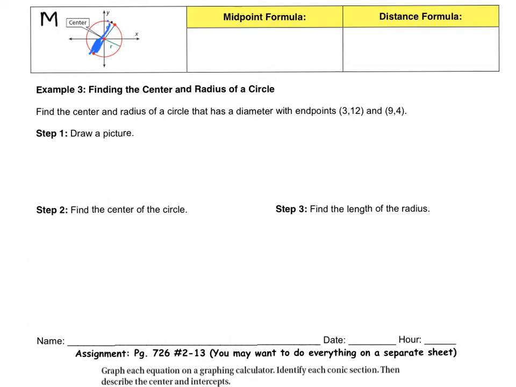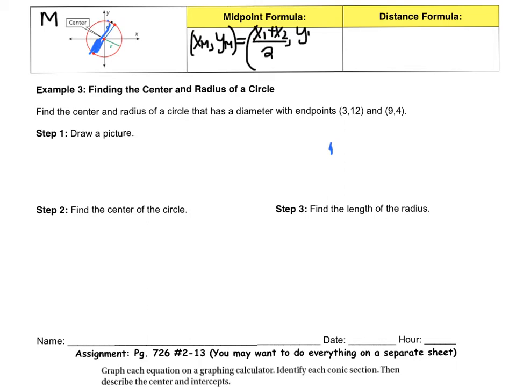Copy these down. The midpoint formula gives us the actual point where the middle of a line is. So the x-coordinate of the midpoint and the y-coordinate of the midpoint are calculated when you average the x's, so you add up the two x points and divide by 2.